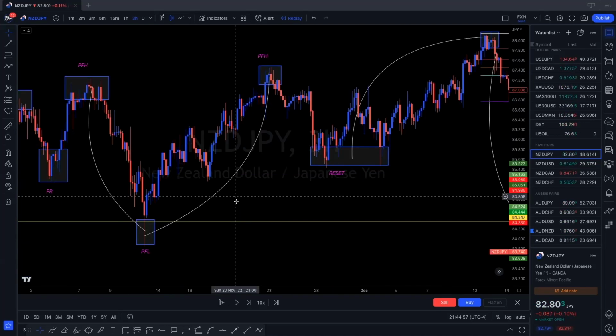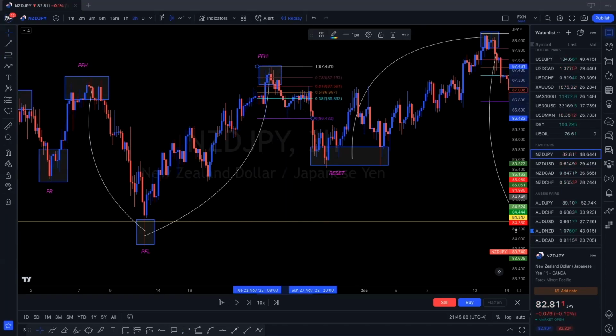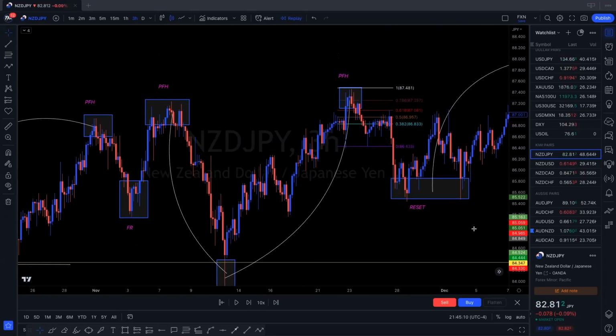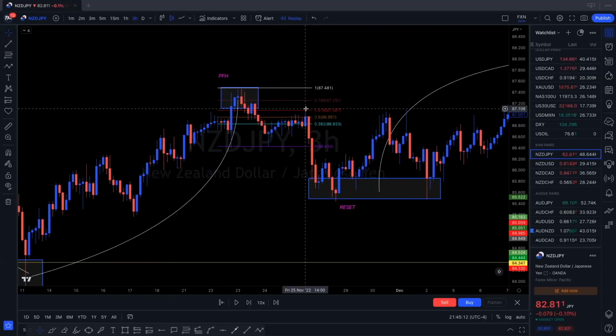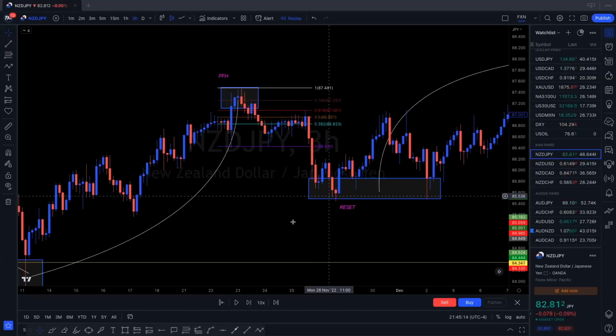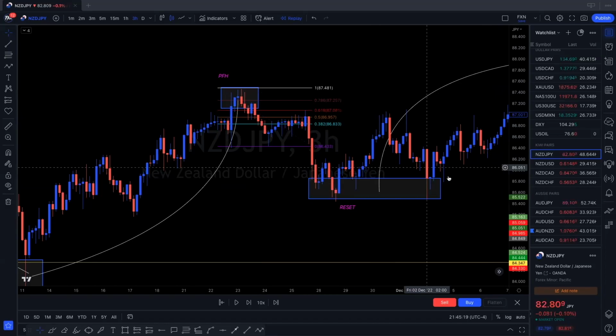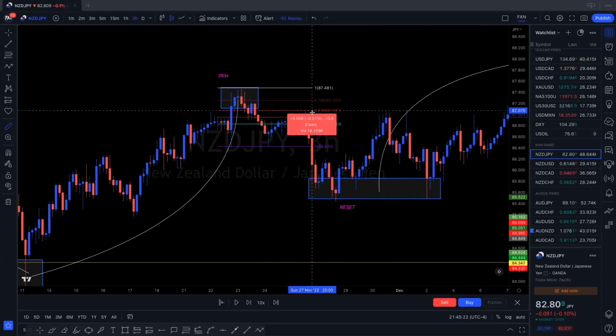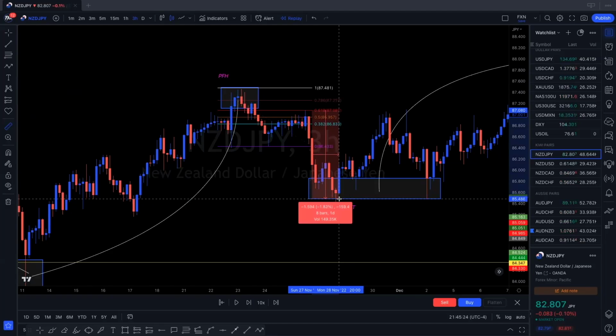And even the ones that, sometimes, let's say this one here, right, touches 618, and you still get a good trade out of it, even if it ends up being, later on, a reset or whatever. I mean, you still get a good 160 pip drop from it.